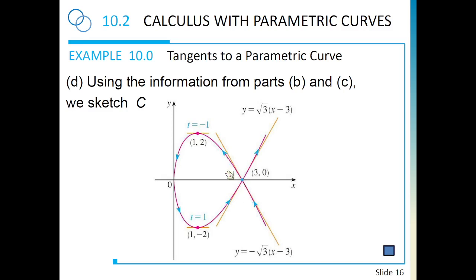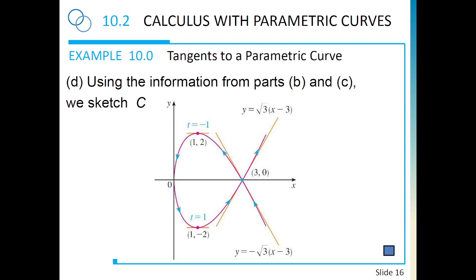It has two different tangents depending on our moment in time, so basically from which direction we are coming. If I'm traveling this way, our tangent will be this one, and then when we loop back a little bit later, we have a different tangent. And we see at the point (0, 0), indeed we have a vertical tangent, and at the points (1, 2) and (1, -2), we have horizontal tangent.